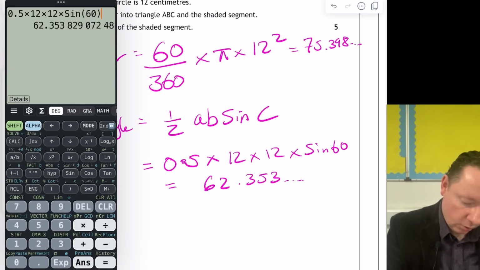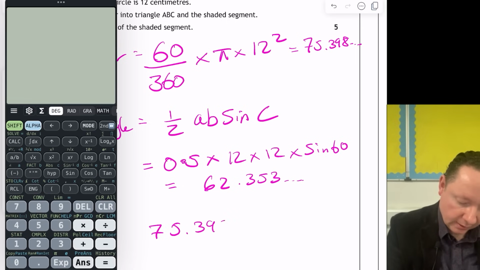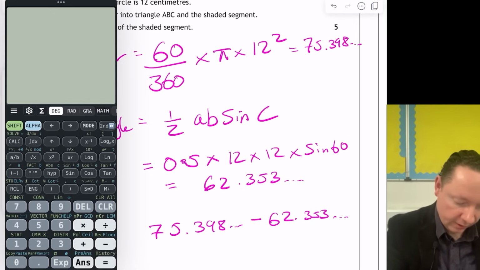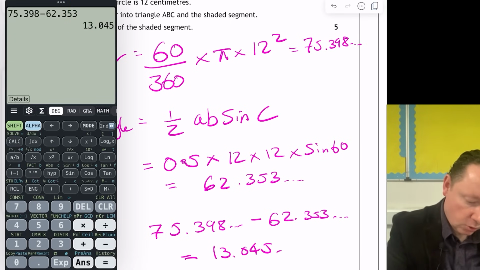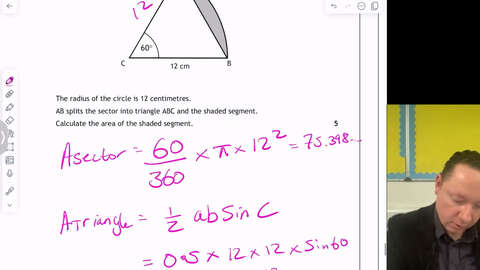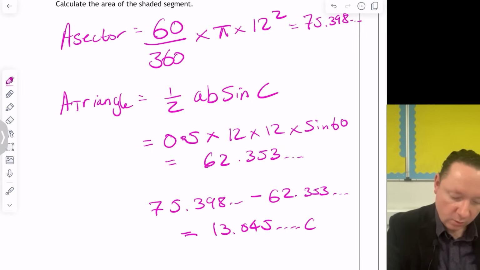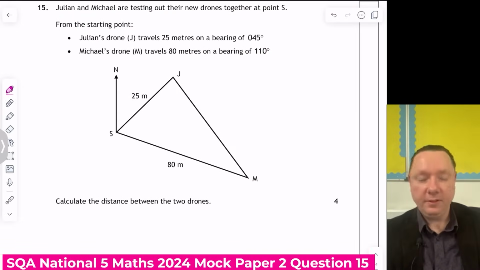So I've got 75.398 and a bunch of numbers minus 62.353. Notice I'm not rounding, I'm just saying that that's what it was. And that gives me 13.045, and the units would be centimetres squared. And now I'll just round that to somewhere reasonable, like 13.05 centimetres squared. And we're done there.